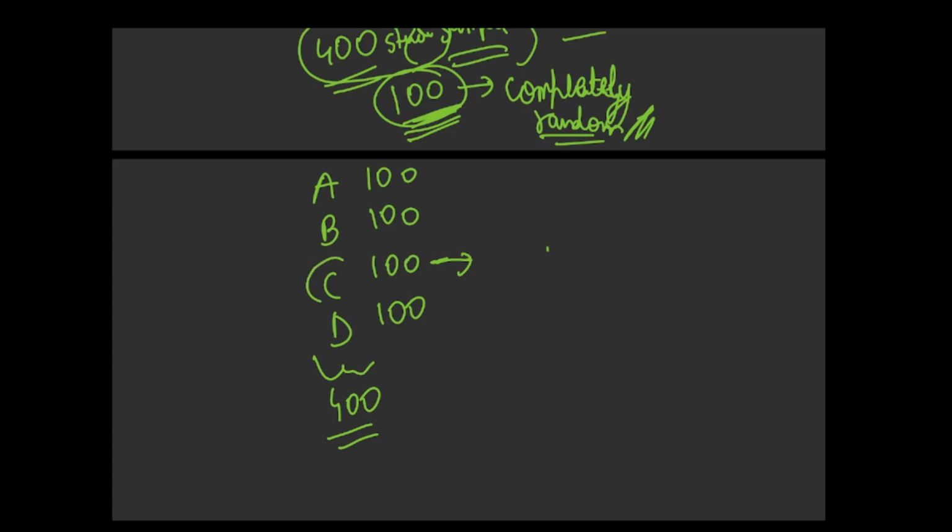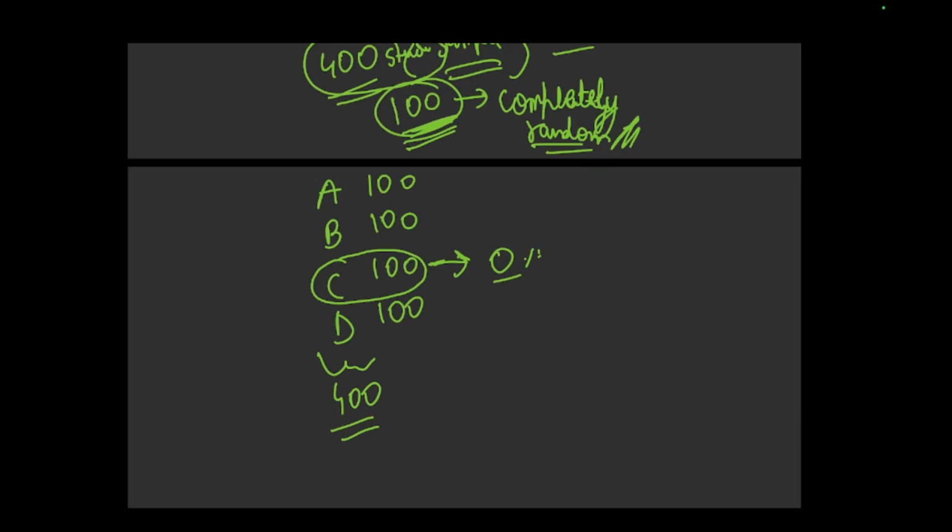For example, all the teachers for section C are on leave for that month, and the percentage of students coming to class is zero. But for A, B, and D, the teachers are coming regularly and having regular classes, so their attendance percentages are 75%, 45%, and 80%. If we take 100 students and by chance take all of them from section C, it would give a very wrong factor and would not be representative of the population.